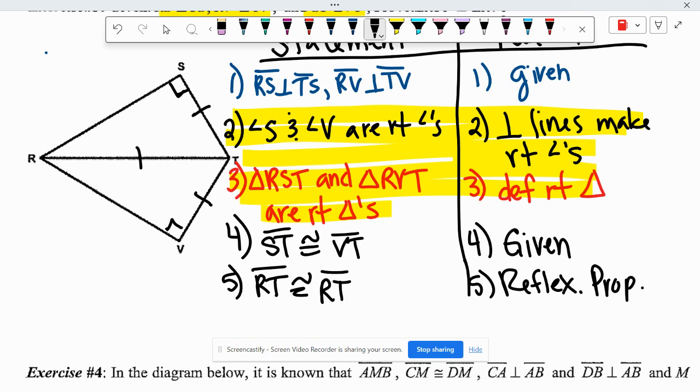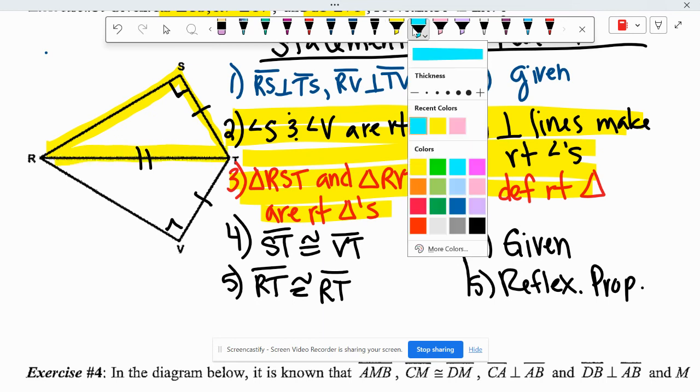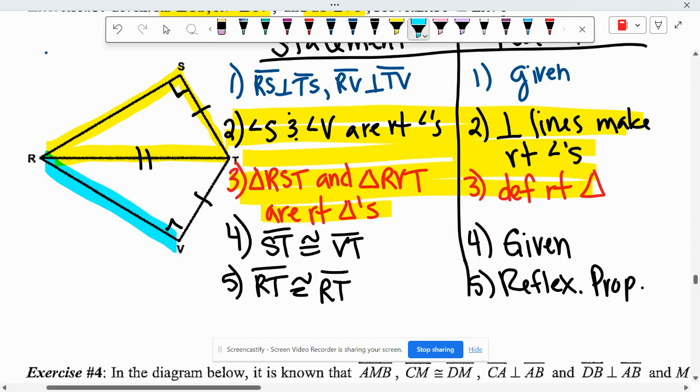So now I'm going to mark it. I'm going to mark that on my triangle. So here's my first triangle. Triangle RST looks like this. And triangle RVT looks like this. Do I have enough information to say that those two triangles are congruent by hypotenuse leg?